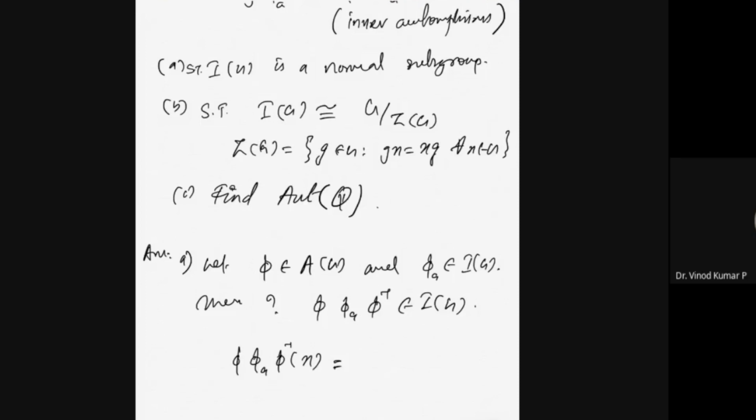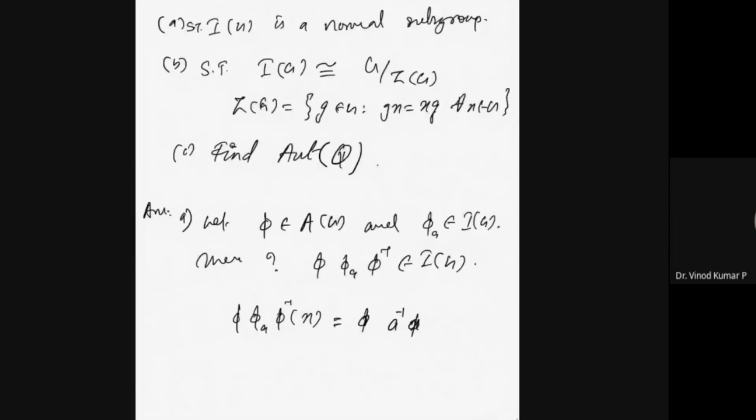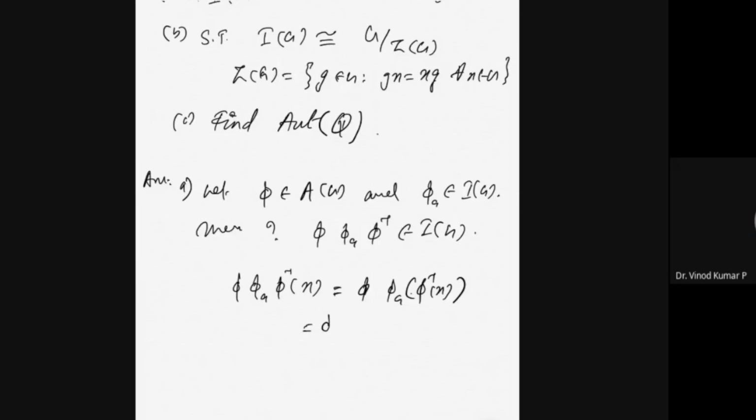By definition, this is basically phi A of phi inverse of X. So what will be phi inverse of X? It will be phi of X inverse, right?